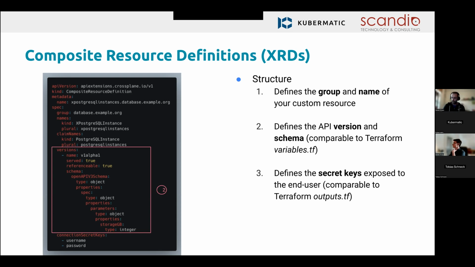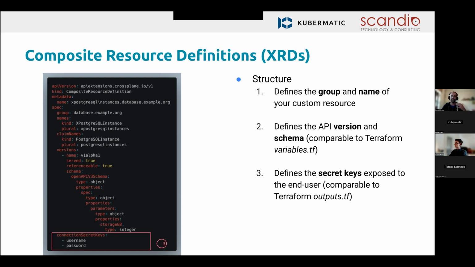So these fields are common for CRDs as well as for XRDs. However, there's also one field that is specific to Crossplane that I would like to highlight. As Benjamin already mentioned, managed resources also create so-called connection secrets.